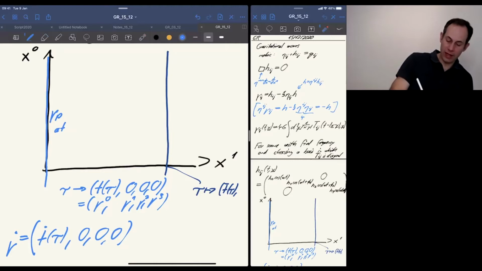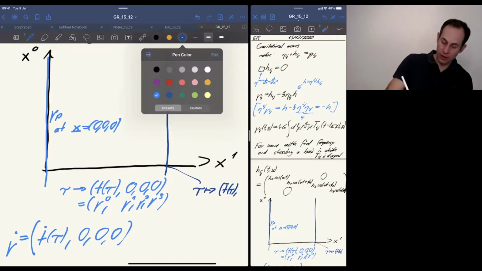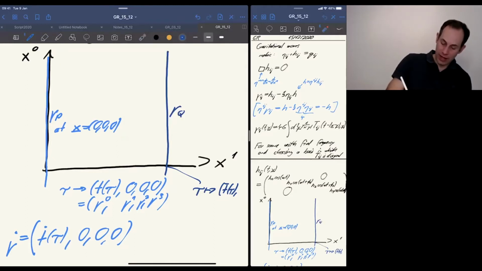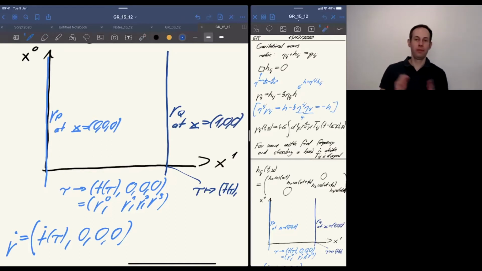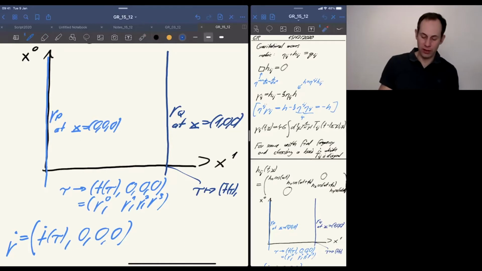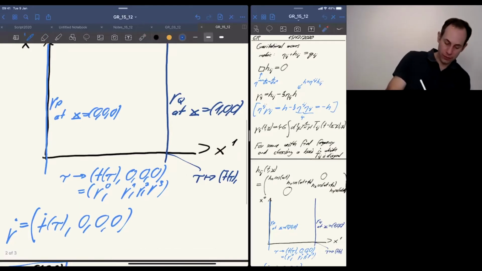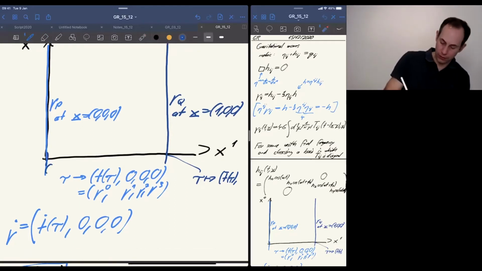Could be a point at x vector being 0, 0, 0, and then the other point q, gamma q, is at x vector equal to, let's say, 1, 0, 0. 1 is just some value for the coordinate here. Here is 0, here is 1.